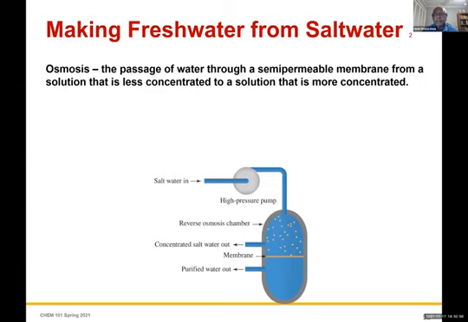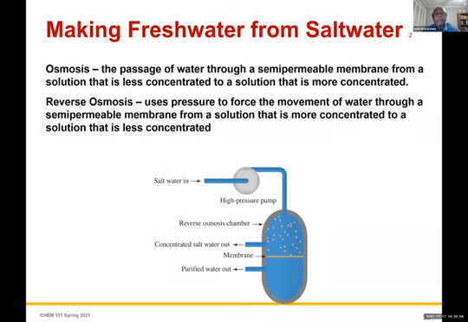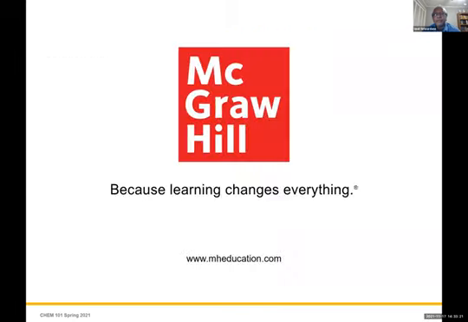In many Middle Eastern countries and Israel, reverse osmosis takes place. They produce about 14% of the water supply. Reverse osmosis uses pressure to force the movement of water through a semi-permeable membrane from a solution that is more concentrated to a solution that is less concentrated. So this is another source of fresh water.